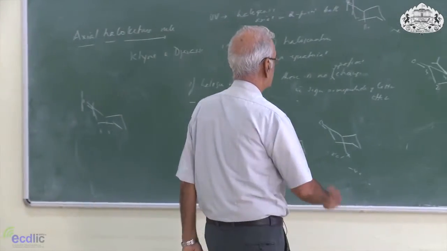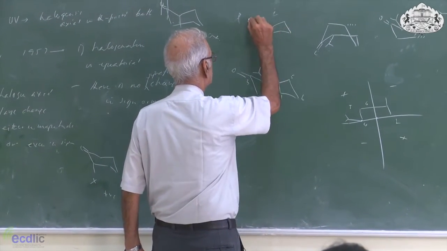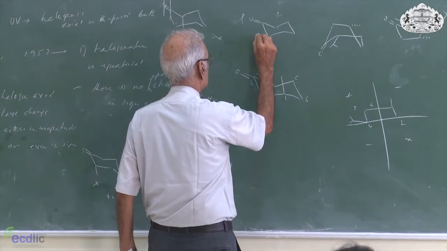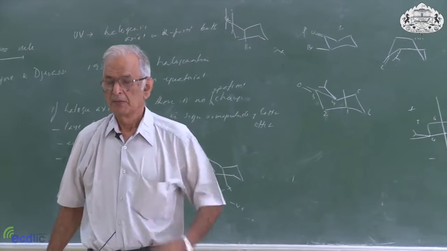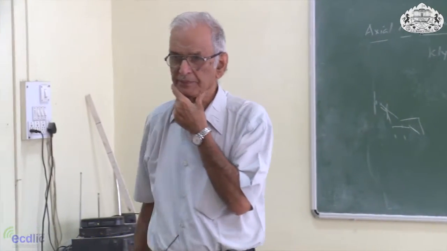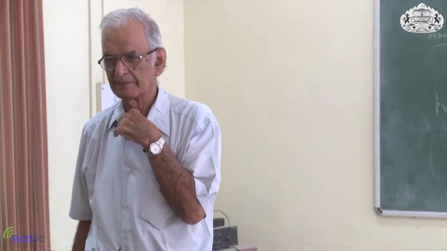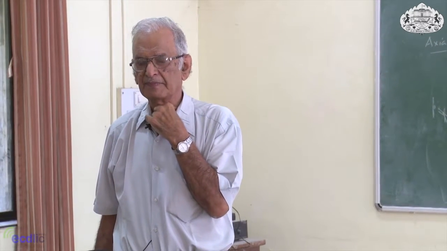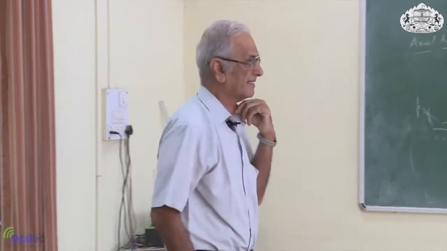IR picture is quite the opposite. When the halogen is equatorial, what happens? The IR frequency increases. Why does it increase?